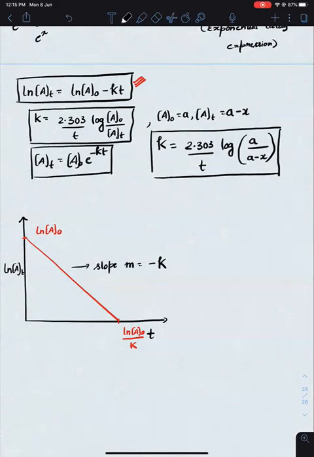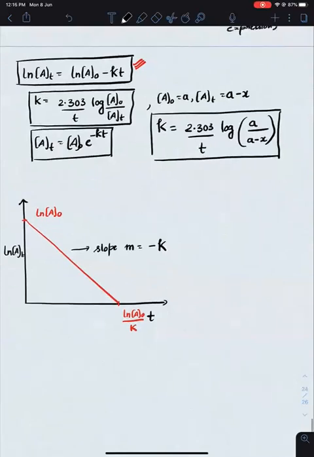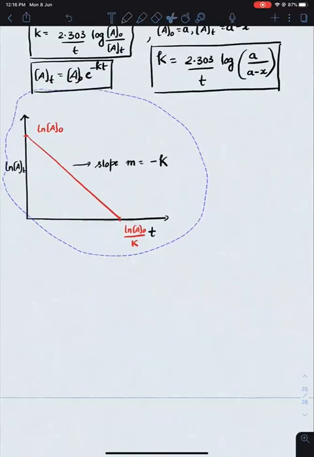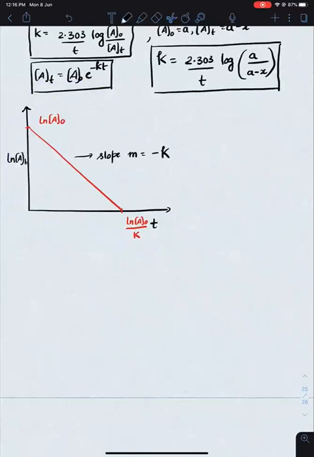Okay, दूसरा graph. This is the graph for ln At versus t. If I want to plot the graph for At versus t, what will be the graph?